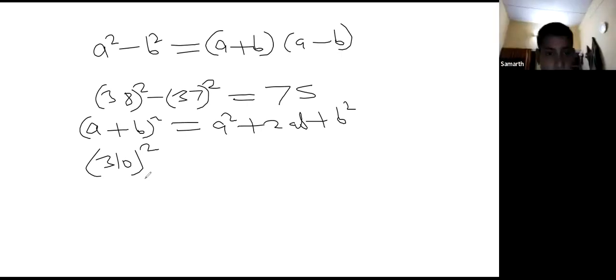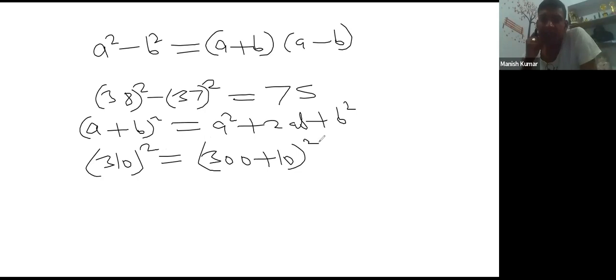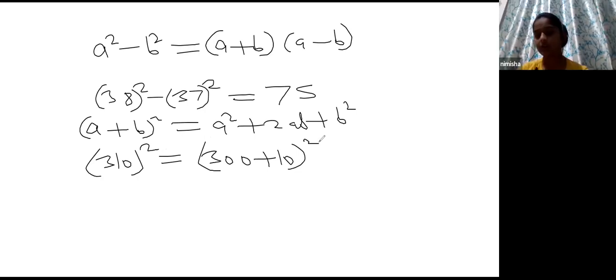Sir, I think a and b, so b is not given, so we will use the formula a plus b whole square. Can we write it like this, 300 plus 10 whole square? Yes.